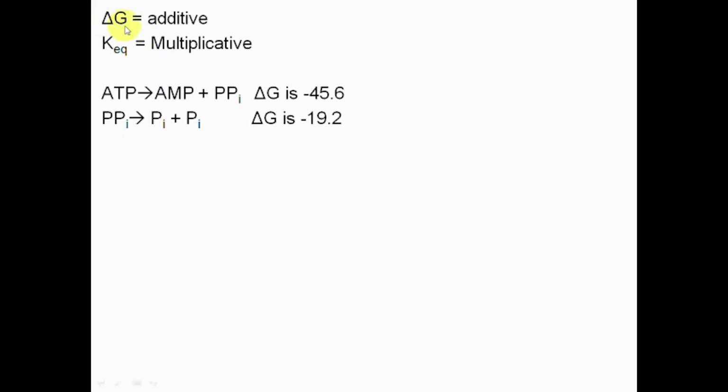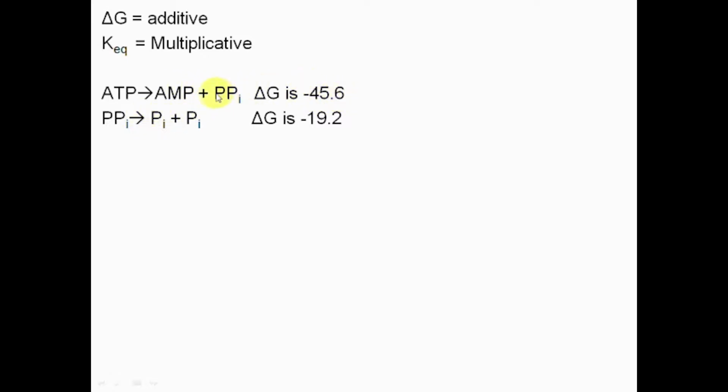Delta G's are additive, and I have a little example right here. With ATP, let's say you cleave off a pyrophosphate, so you cleave off 2 phosphates, that will give you a delta G of negative 45.6. That's how much energy you have to do work after you've done this reaction.